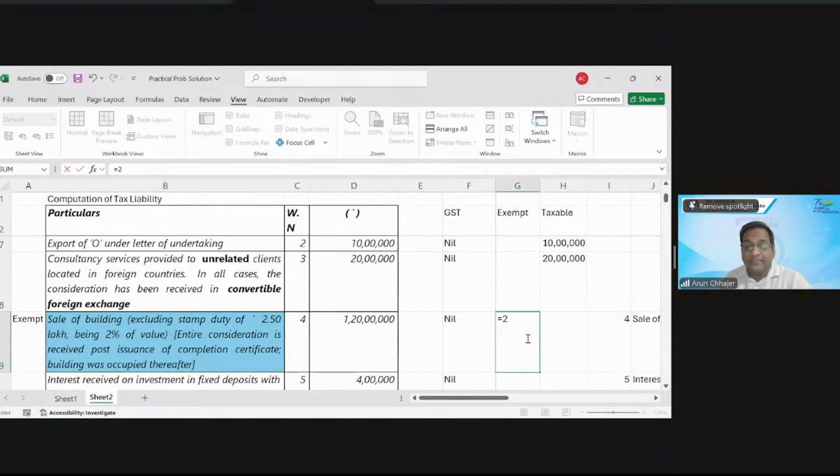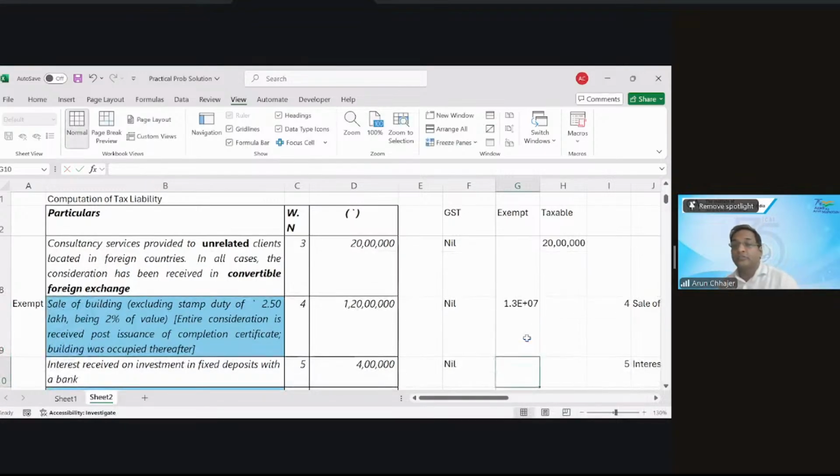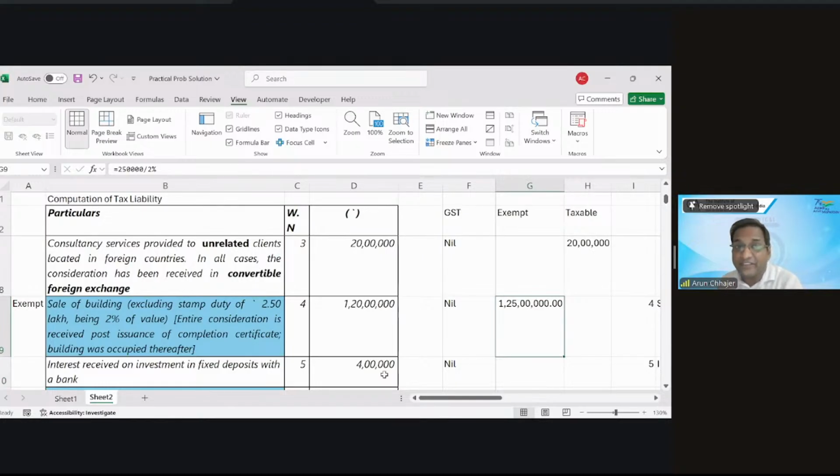So 2,50,000 is equal to 2%, and the value of the sale of building comes to 1 crore 25 lakhs. This is the exempt supply we need to consider for the purpose of reversal of common ITC.